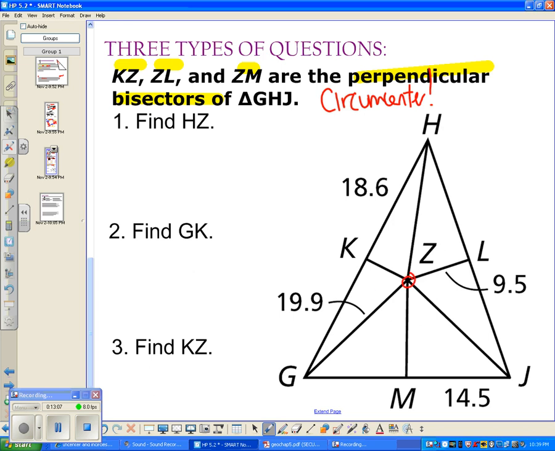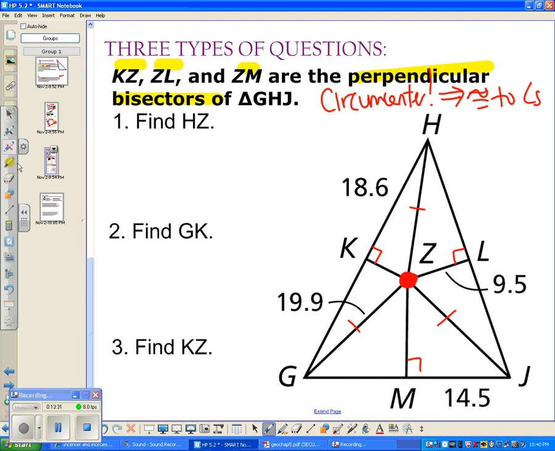Aha, so Z, this point of concurrency where they all intersect, is the circumcenter. And that means, therefore, it will be congruent to the angles or the vertices. Okay, so this one will be congruent to this angle, will be congruent to this angle. Sweet. And I know that they're perpendicular bisectors. So this is all the stuff, perpendicular.